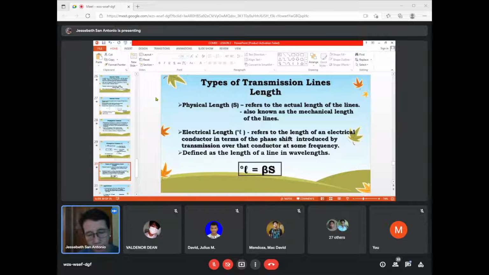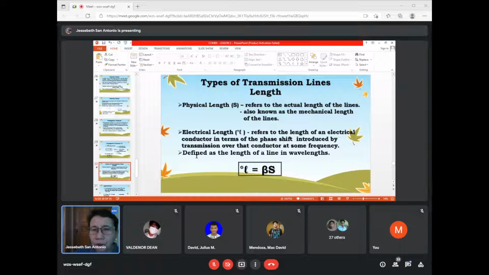Then there is the electrical length. Kaya nga nakalagay degrees L, no? This refers to the length of an electrical conductor in terms of the phase shift o kanina, dito sa taas, introduced by the transmission over the conductor at some frequency.